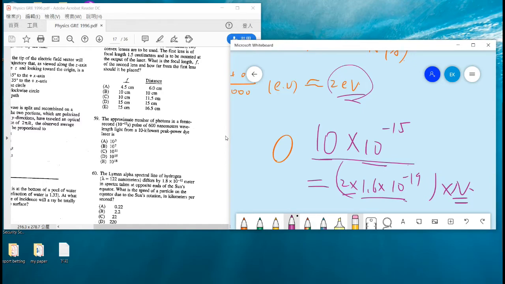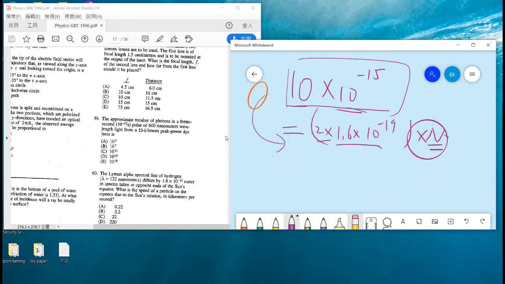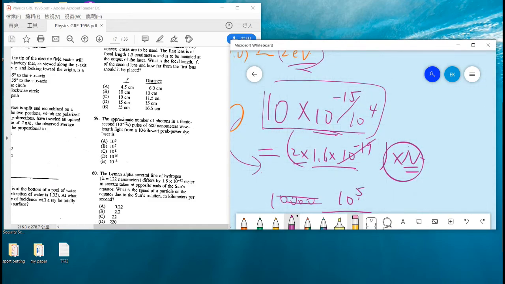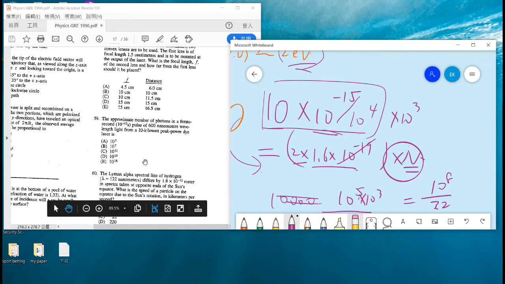So we can solve for N, just divide this by this. What we get is 10 to the negative 5 divided by 3.2. Don't forget that this is kilowatts, so we need to multiply by 10 to the 3. So basically 10 to the 8 divided by 3.2. So it's close to 10 to the 7.